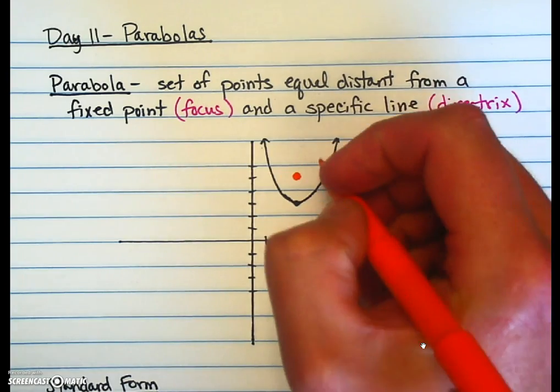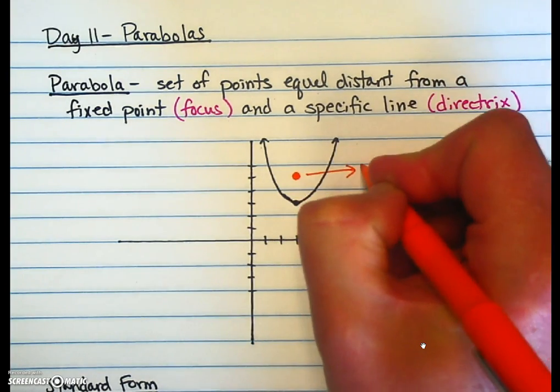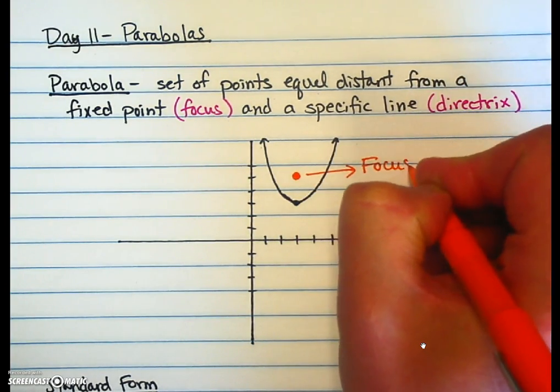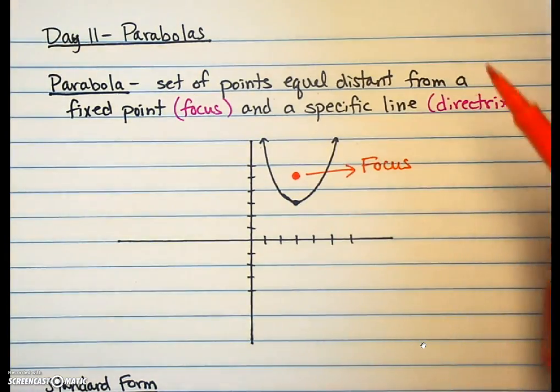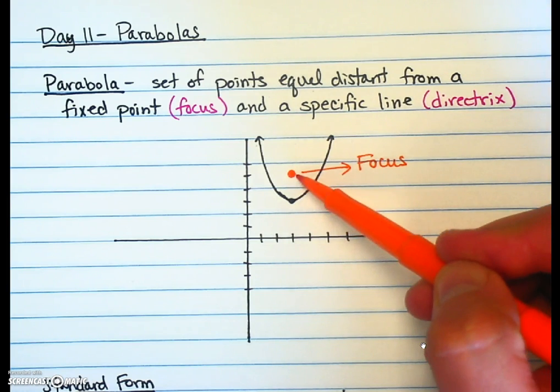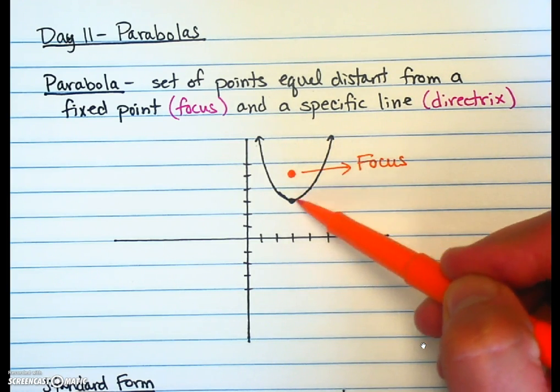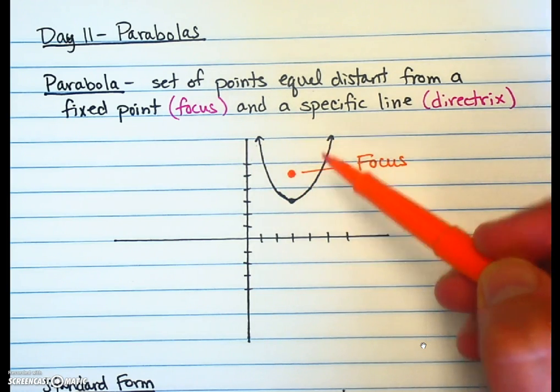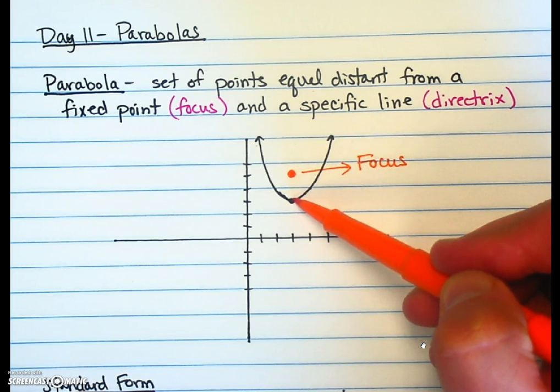We're going to call that the focus. Okay? Well, it turns out that your focal point and your directrix are the same distance from any point on this parabola. So a good point to always use as a point of reference is the vertex.